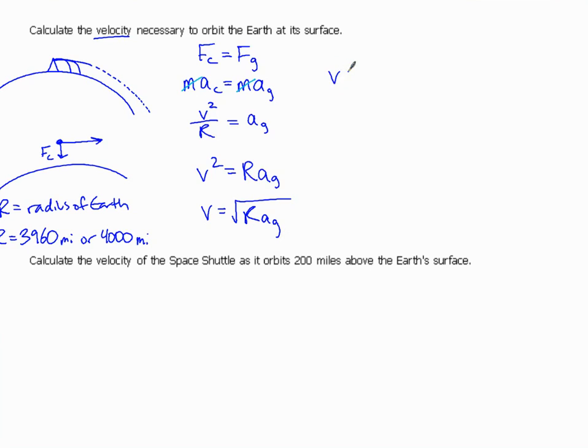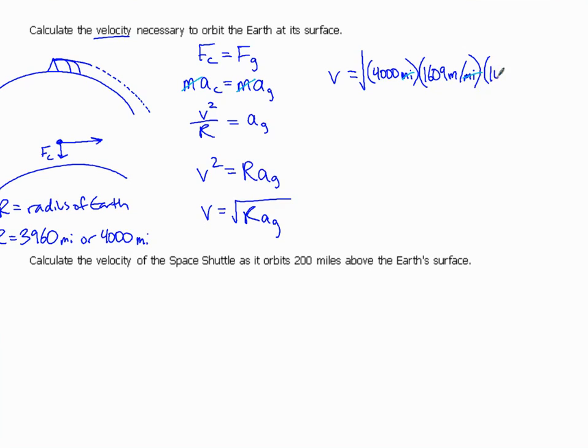Using this formula, we find velocity equals the square root of the radius of the Earth, 4,000 miles. And we generally use velocity in terms of meters per second. And our acceleration due to gravity is in terms of meters per second squared. So let's change. So 1,609 meters is 1 mile, and miles will cancel.